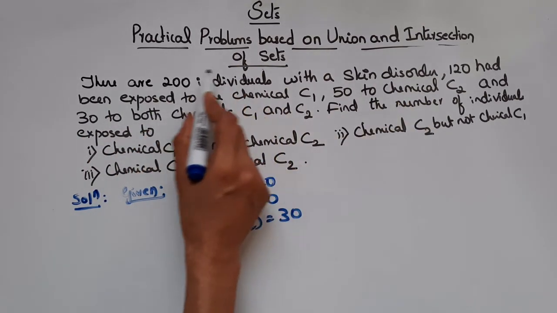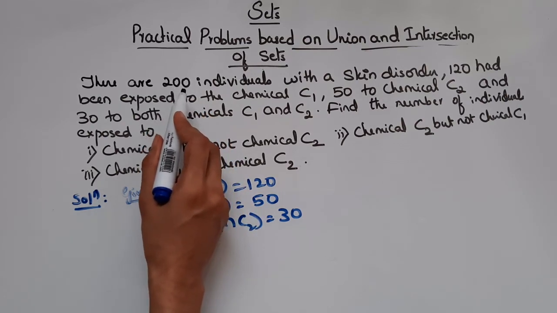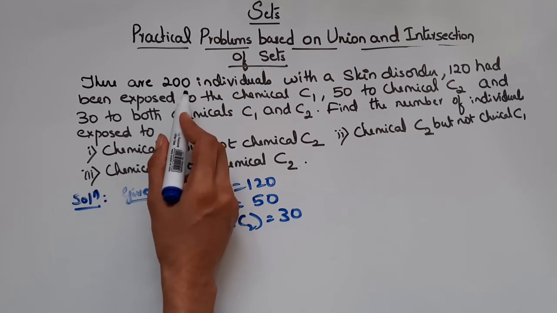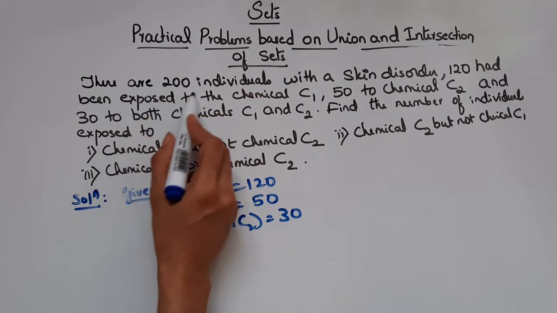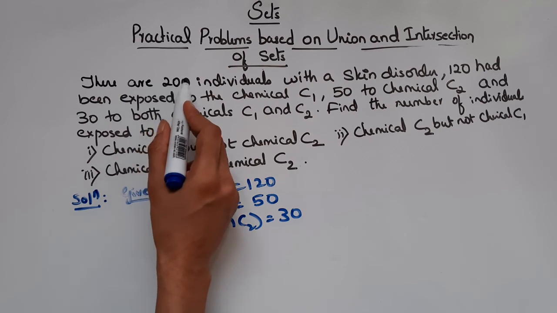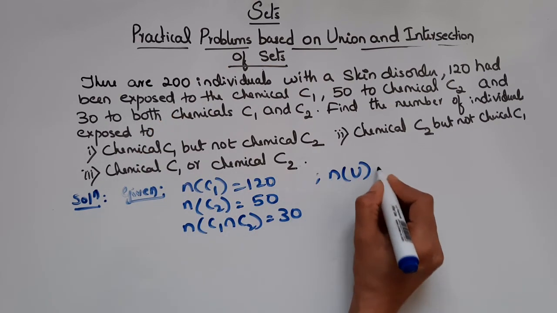In this 200 individuals, there are people who are exposed to chemical C1, there are people who are exposed to C2, plus there are people who are exposed to both C1 and C2. There might be people who are not exposed to the chemicals, right? So this is not your union. This is your universal set. So therefore we can say N of U is 200.